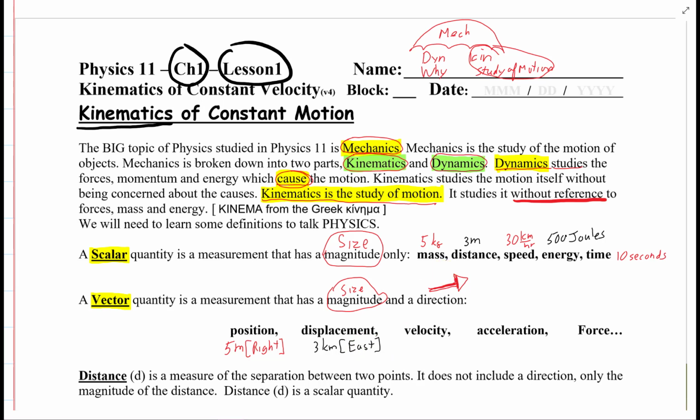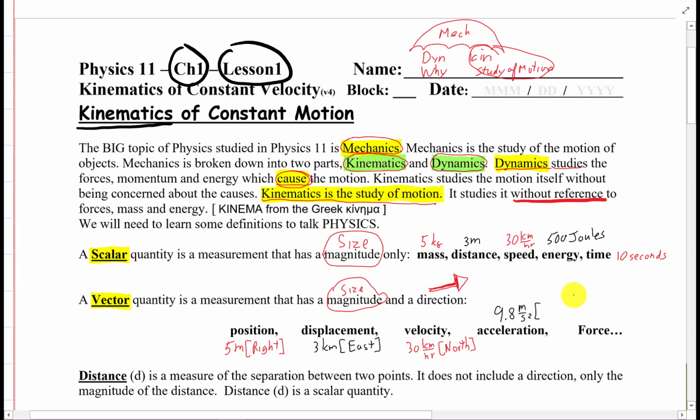A velocity could be 30 kilometers per hour north. An acceleration could be 9.8 meters per second squared.